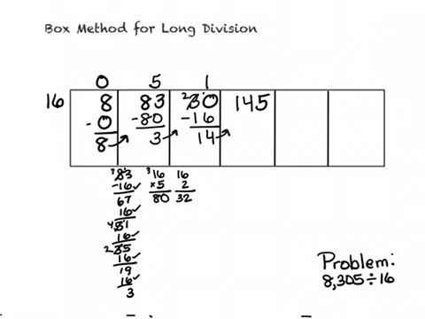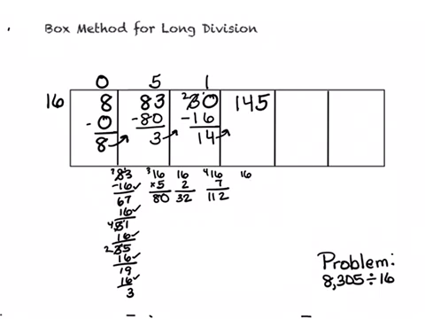Now I've got 145. And again, if they haven't erased their work, they can use that. We know that 5 16s was 80. So we say, make a guess based on that. Maybe it's 7 16s. That gives you 112. Do you think it could be more?